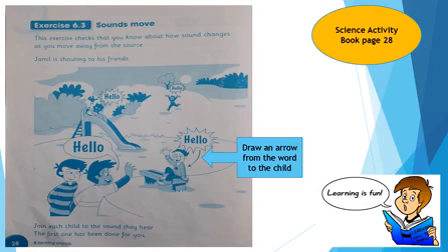The first one has been done for you. Observe the boy sitting on the bench. The sound that he hears is hello. So there is an arrow from the sound to the boy. You're just going to make arrows from the sound that they hear going to the boy. So same as in the picture.